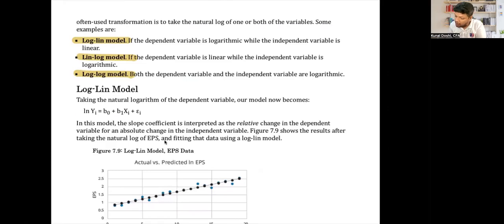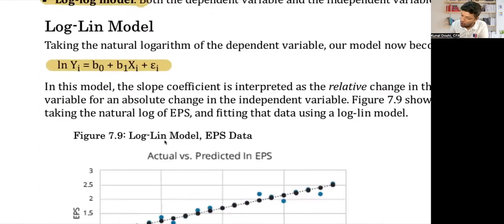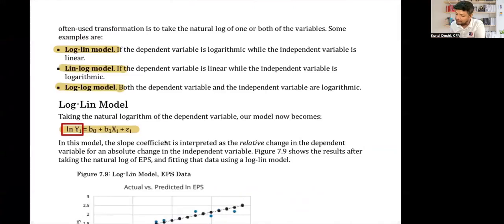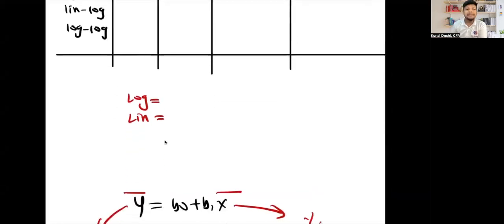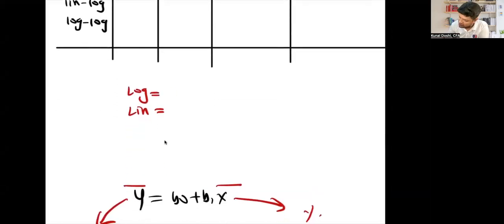So what you do in your model, you start applying log. Wherever you see, instead of y, you start applying the log. Now, what is log? Log means a relative change, and lin or linear means an absolute change.